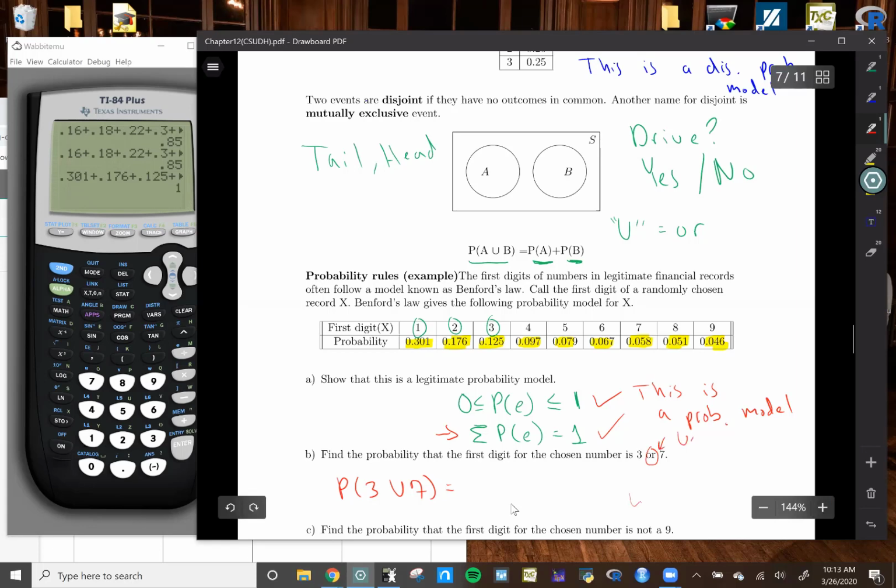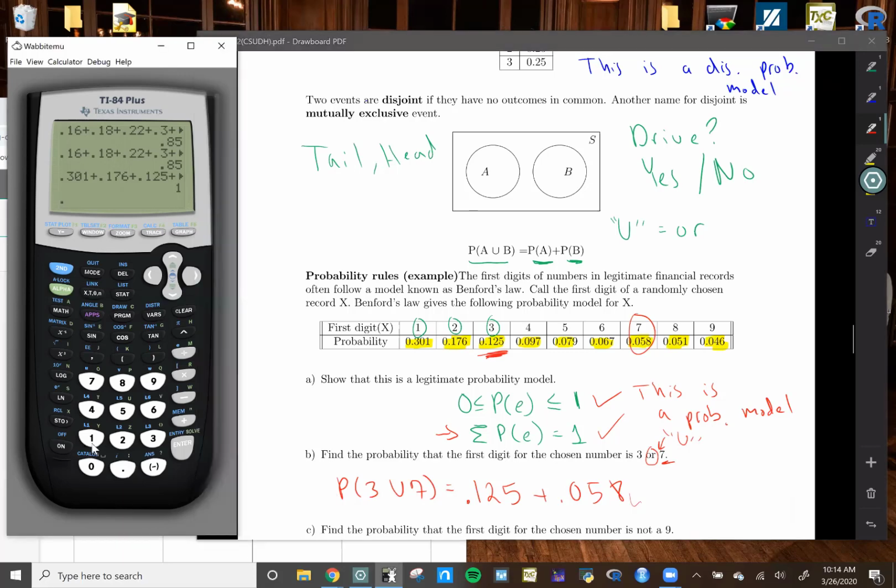That's the reason why we're using this model. First thing I'm going to do is get the probability of 3, which is right over here, 0.125. Now we want to find the probability of 7, which is right over here, plus 0.058. I'm going to add those two up.